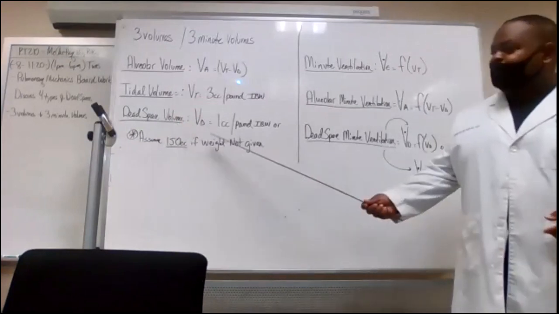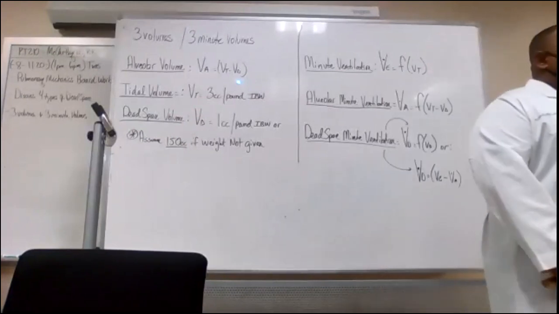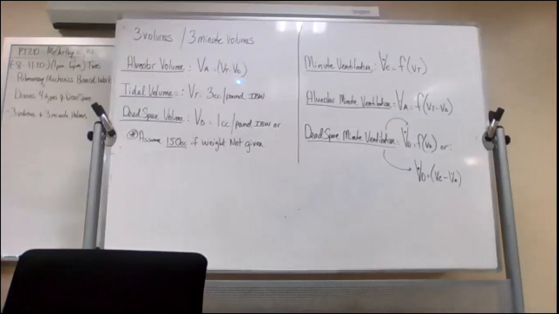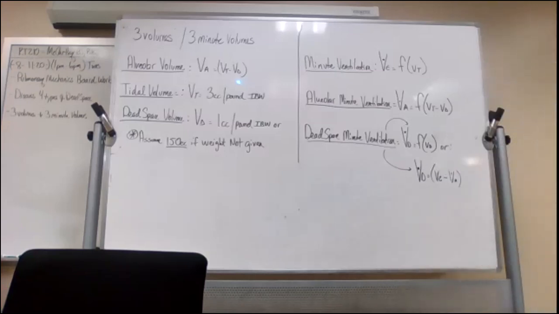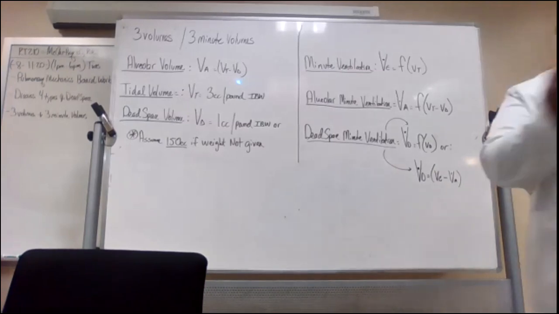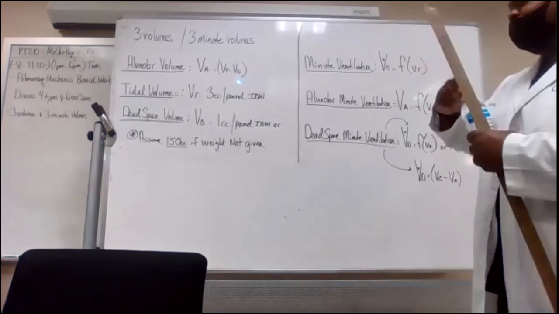It's 1 cc per pound. If he weighs 120, what's his dead space? 120. 1 cc per pound. If he weighs 1,000 pounds, what's his dead space volume? 1,000 cc. 1 cc per pound. Don't make it harder than it is.